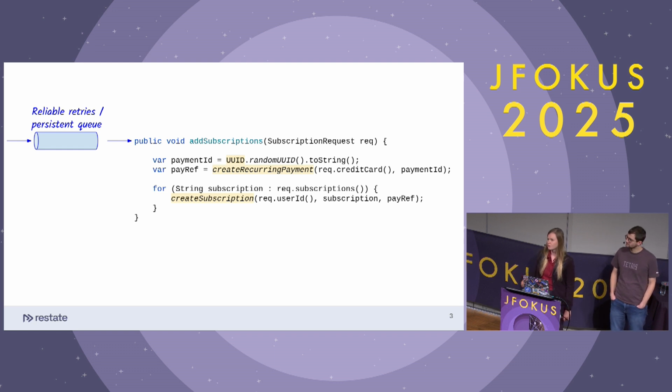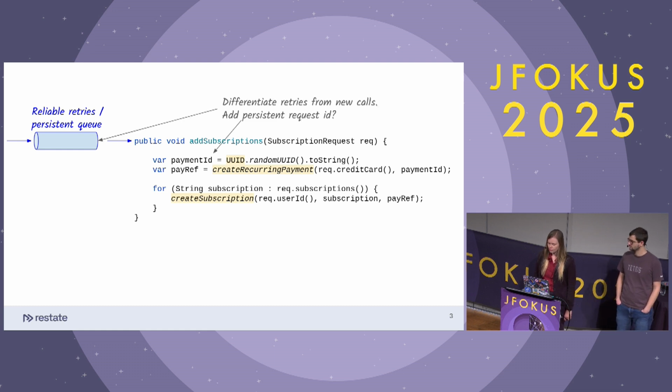One way in which that can be done is that the upstream caller of this add subscription method implements some kind of retry loop. Or we can put something like a persistent queue in the middle, which persists all the requests that need to be handled. But even if we have that, it's not enough to make this work completely well, because we then need to differentiate retries from original calls.